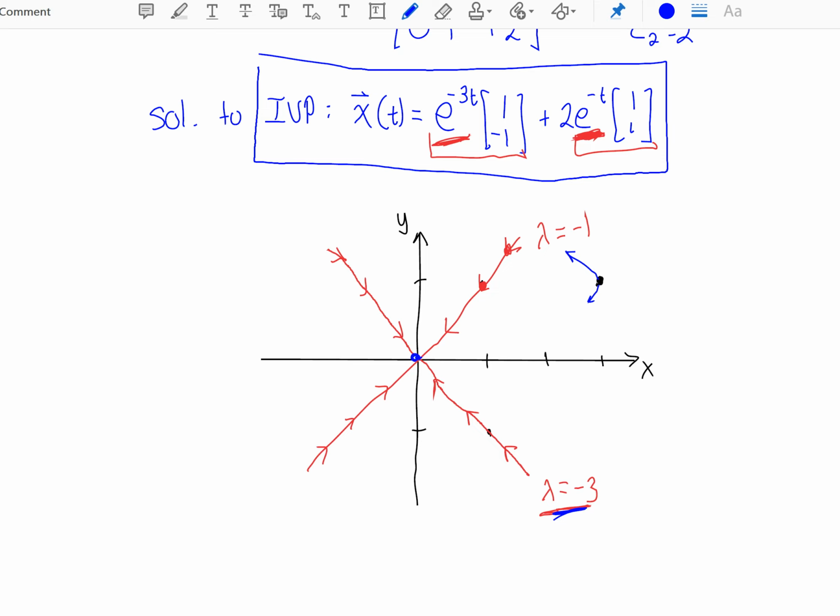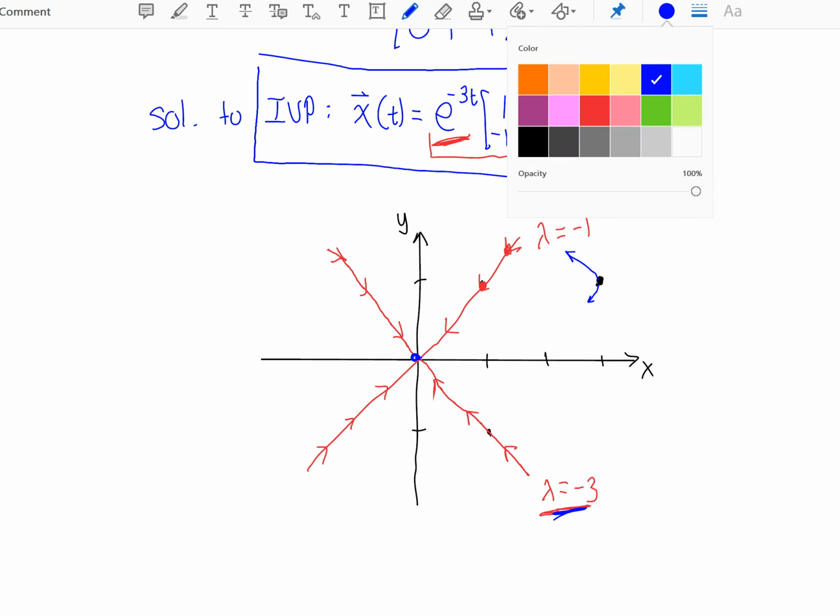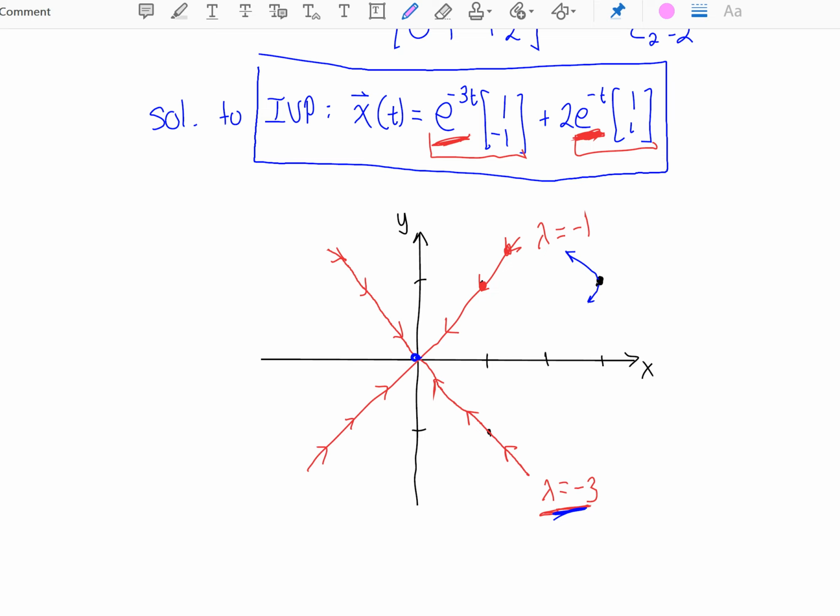So if there's more movement here, then your solution should look something like this. It'll move faster in that direction until it almost crashes and then comes towards the origin. Or maybe it looks like this. There's another one. Or maybe it'll look like this. Here's another one.